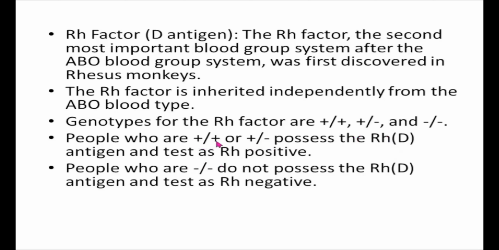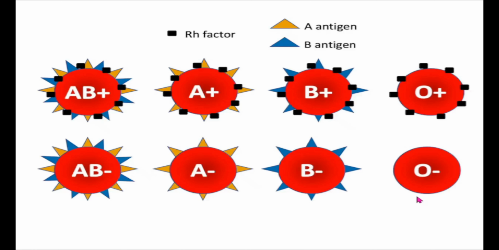For these genotypes, phenotypically it shows the RH because plus is dominant to the minus. People who are minus minus do not possess the RHD antigen and test as RH negative. Minus is recessive, therefore minus minus means there is no such protein.